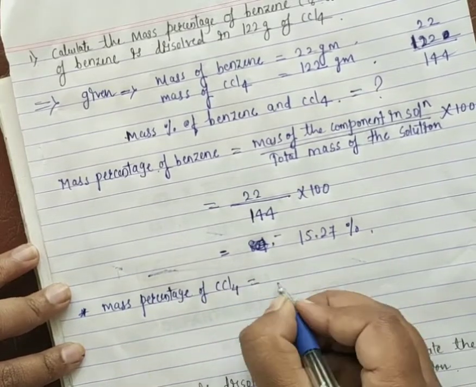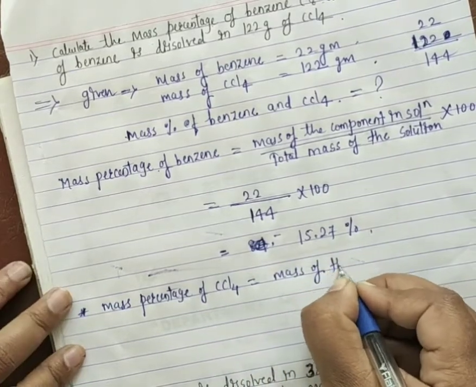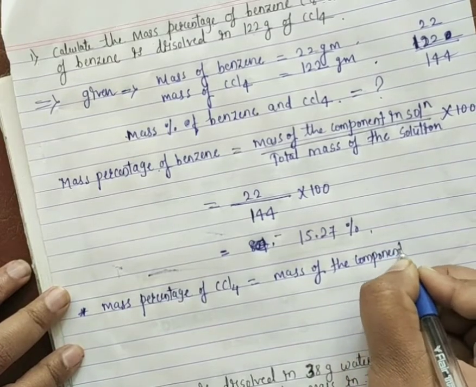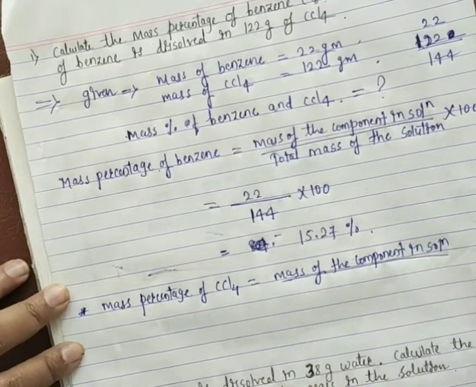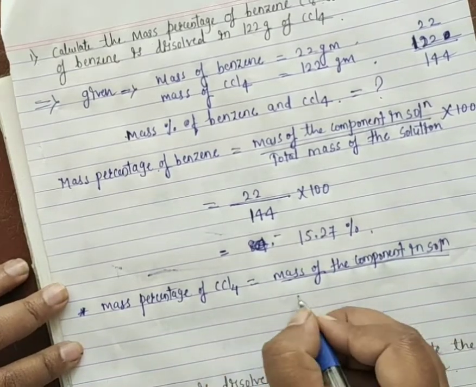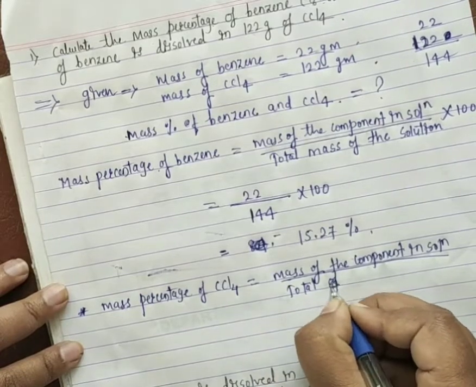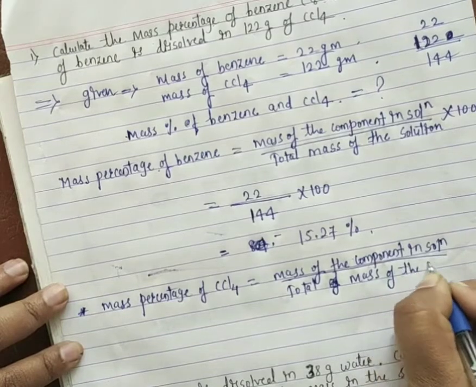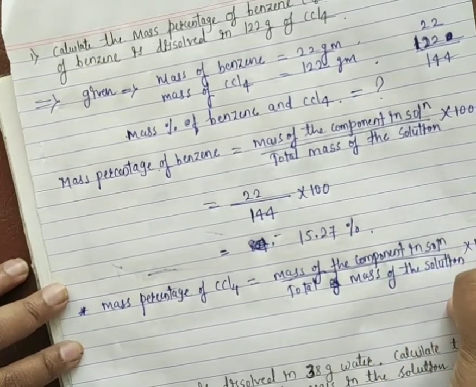You have to write the formula, that is the mass of the component in solution divided by total mass of the solution into 100.